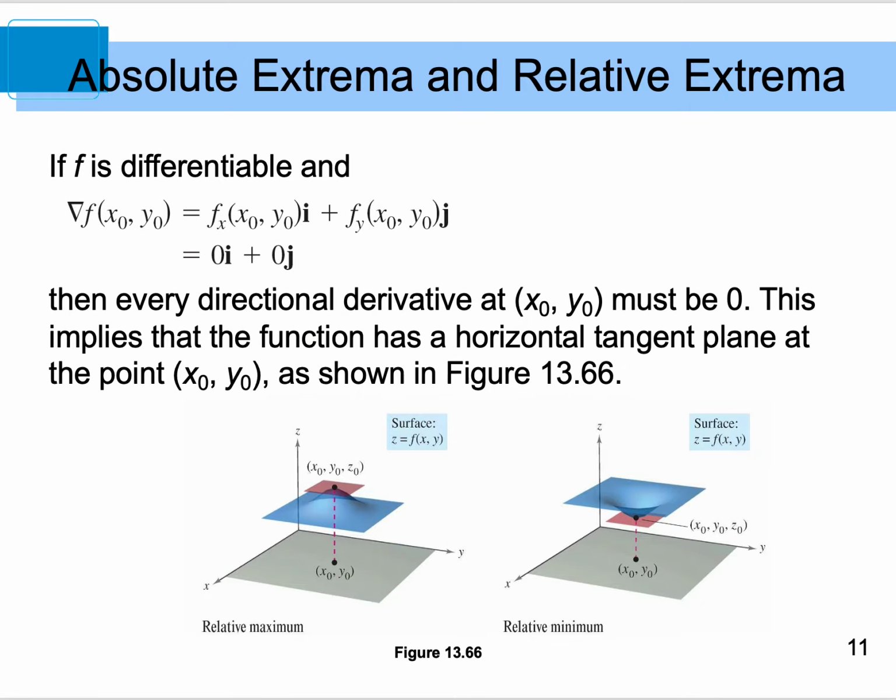If something is differentiable, that means that I have component vectors that describe the plane. If I have component vectors, then every direction the derivative goes in must be 0 in those components so that I have a horizontal tangent of the plane. Okay, stop and think about that.